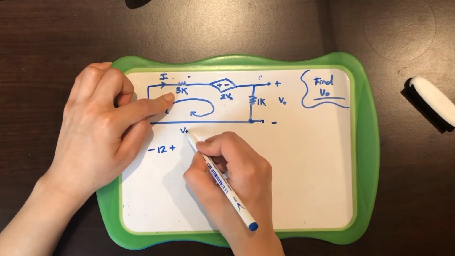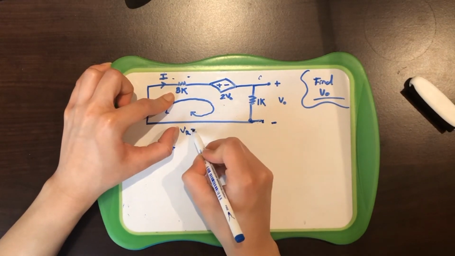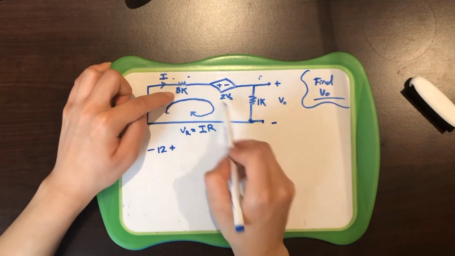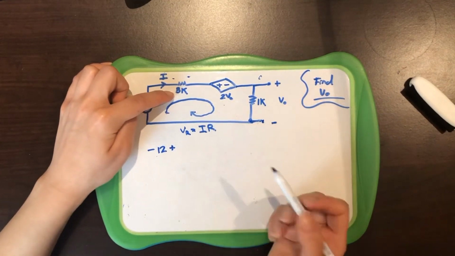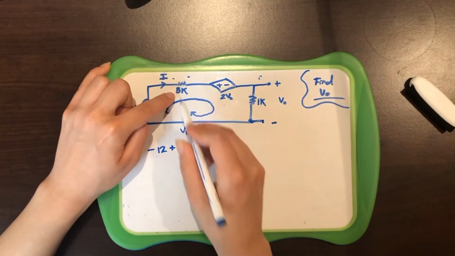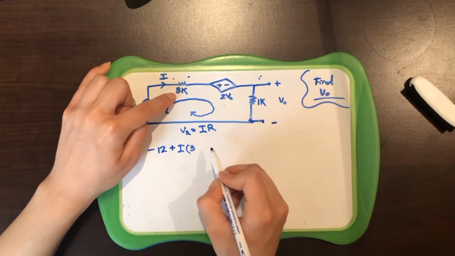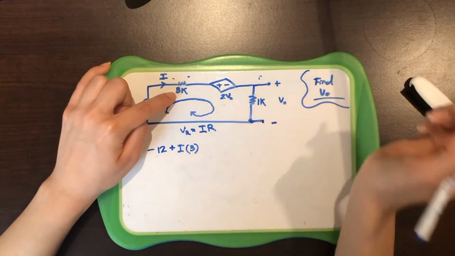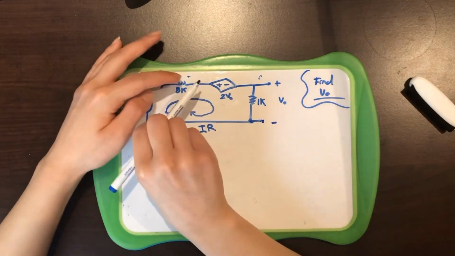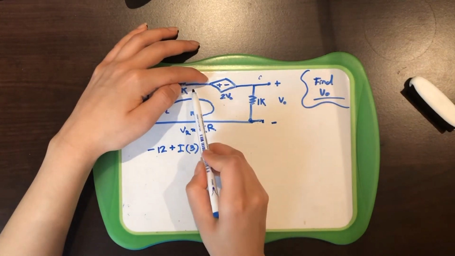Let's just remind you guys. So the voltage drop across a resistor is the current times that resistor. So the current here, we just have one current in the circuit, we'll just call it I, and times that resistor value, which is 3K, 3000.